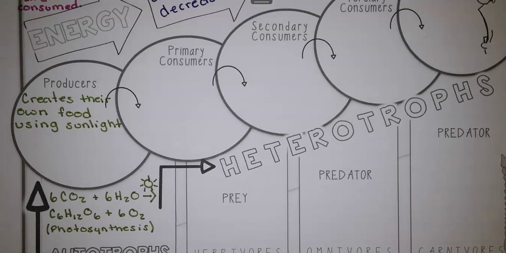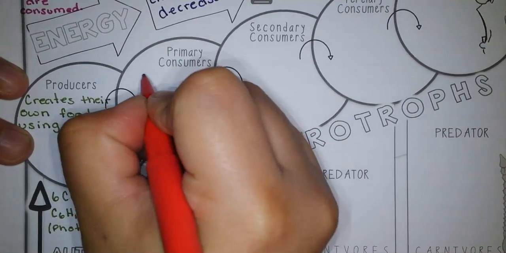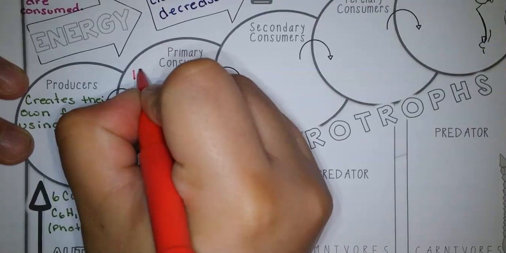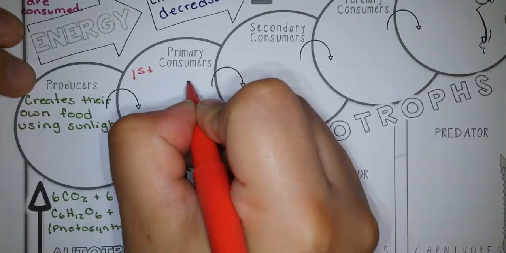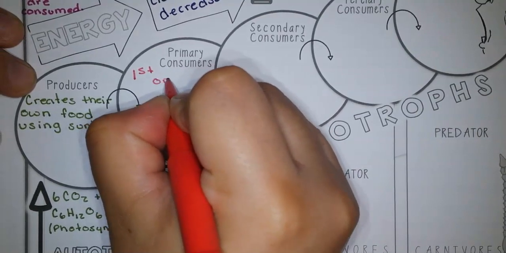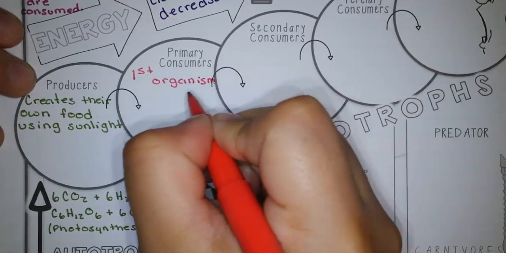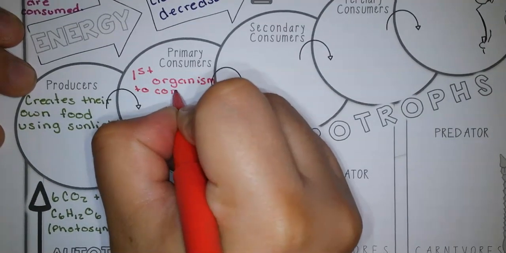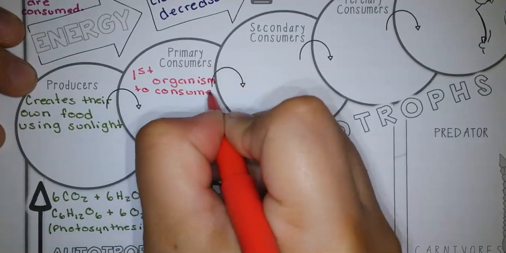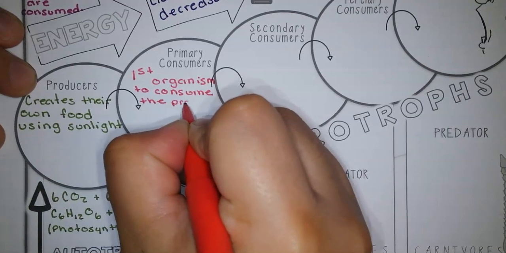The primary consumer is the first organism to consume the producer.